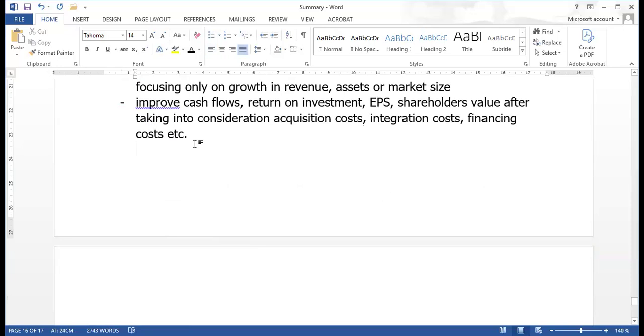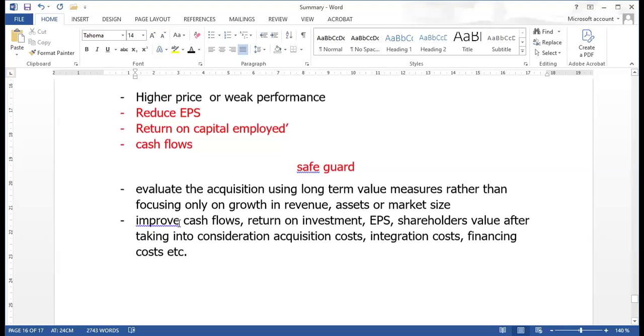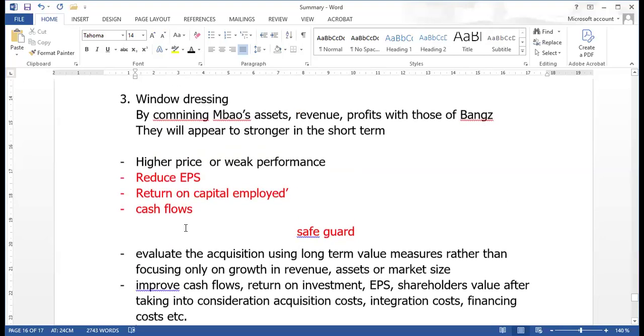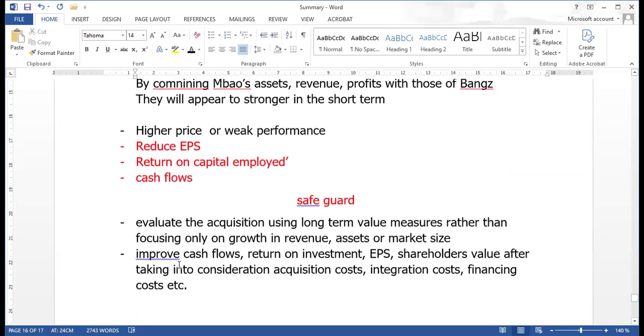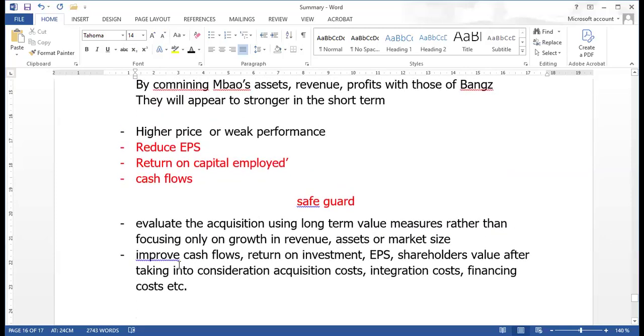You overstate the assets because you want a loan, so that lenders can see you're doing well. But in the long run, how will you maintain that picture? That's really something you need to know.